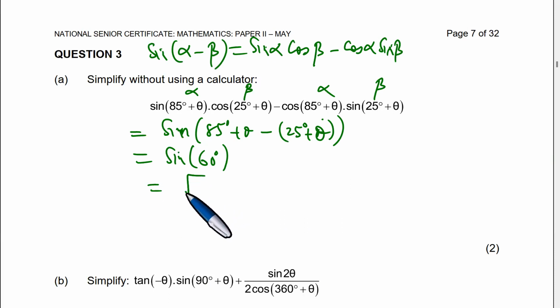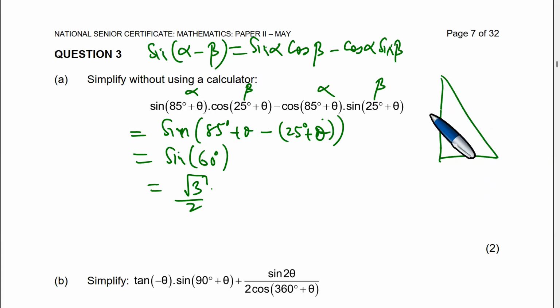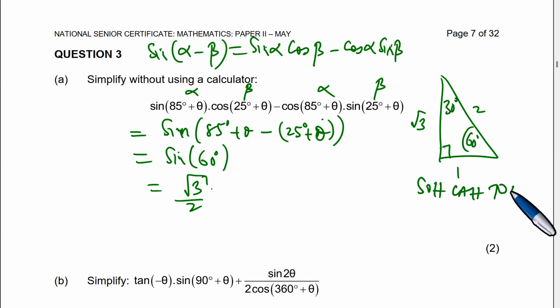The square root of 3 over 2. Okay, I'm just testing you sometimes, just to make sure you're engaged. You can use a calculator for this. This is 30 degrees and this is 60 degrees. We wanted the sine of 60, and we could use SOHCAHTOA, so that the sine of 60 is opposite over hypotenuse, and that is the answer.